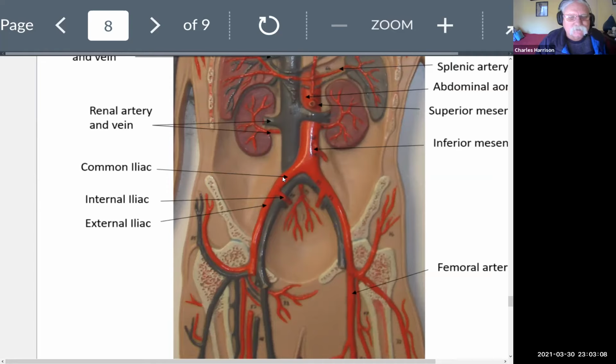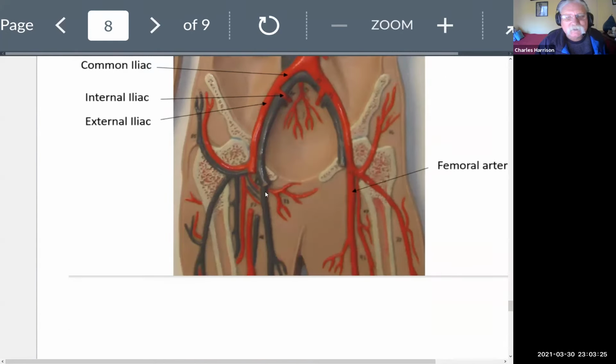Okay, here's the common iliac. Here's the internal iliac. Here's the external iliac. Here's the deep femoral going across. After you pass the deep femoral, over here you have the femoral. That's the artery.